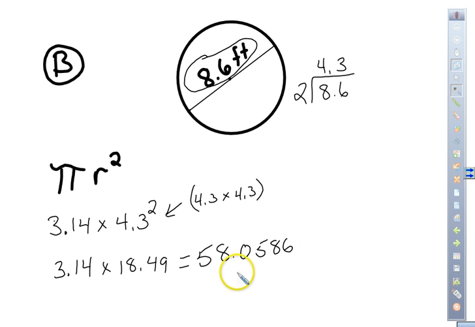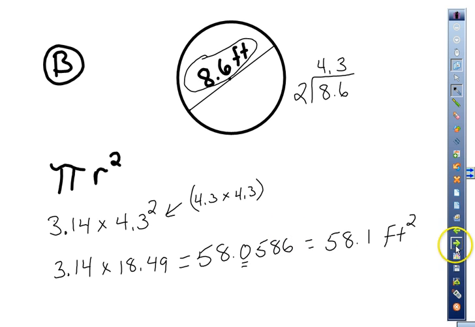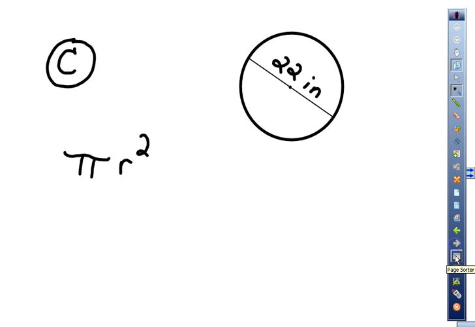And again, you're rounding to the nearest tenths, so that will then equal 58.1. Square feet, because it is area. So compare your answer. If you made a mistake, hopefully you can see what the mistake was and you can make that correction on the next problem. If not, please see me tomorrow and we'll talk about it further.